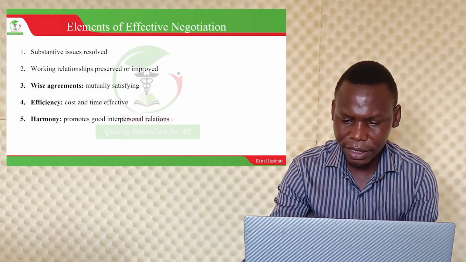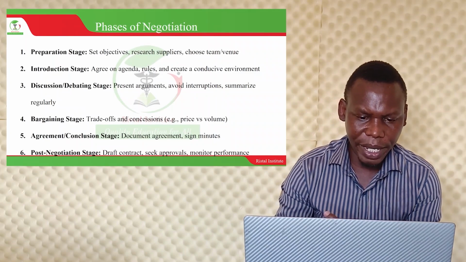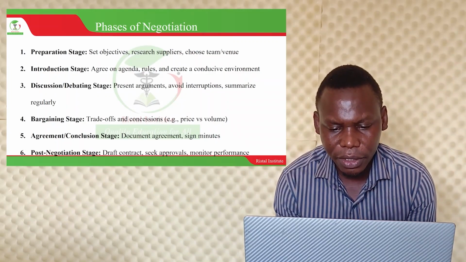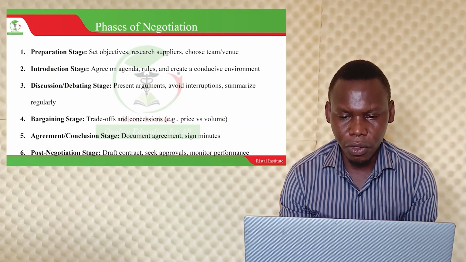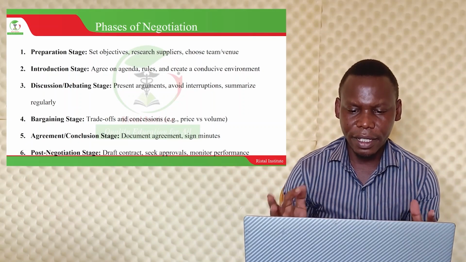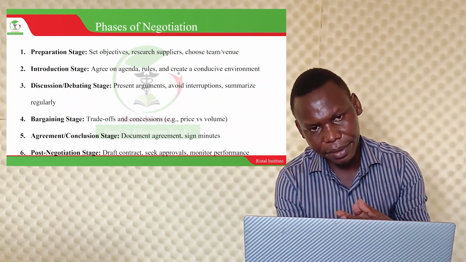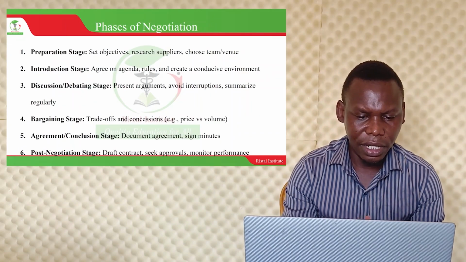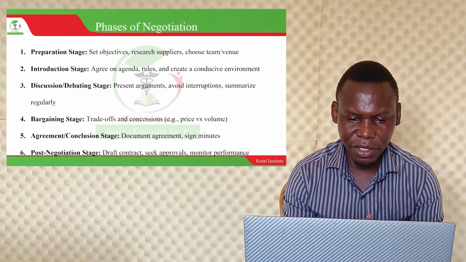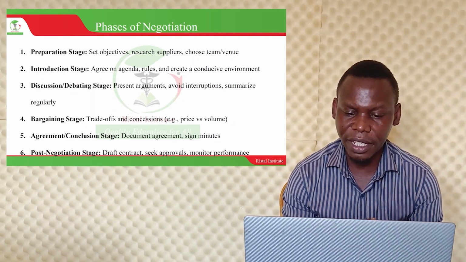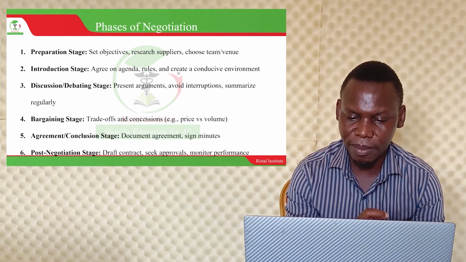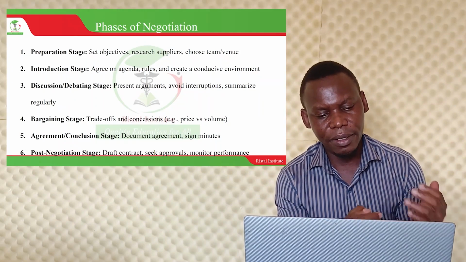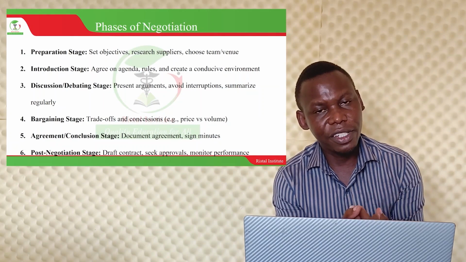Then agreement and conclusion stage, whereby you come to agree on how you are concluding the discussion, the last point of agreement, whereby you sign the minutes of the discussion. Then you will have what we call the post-negotiation stage, whereby you draft contracts, seek approvals, and monitor performance.